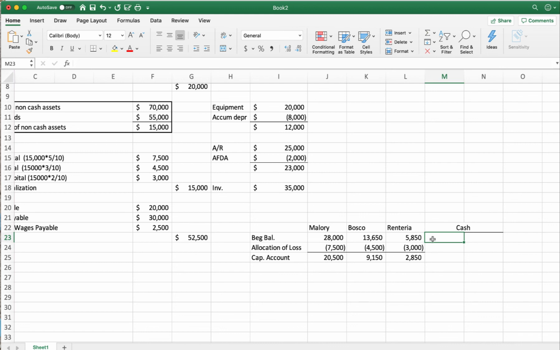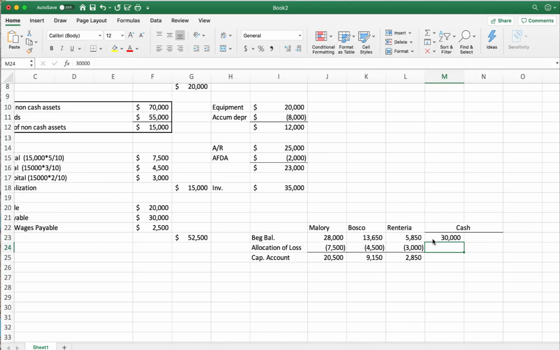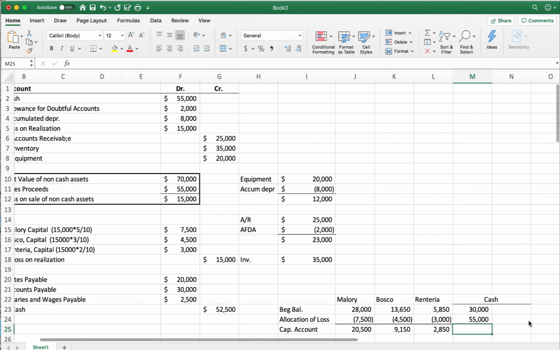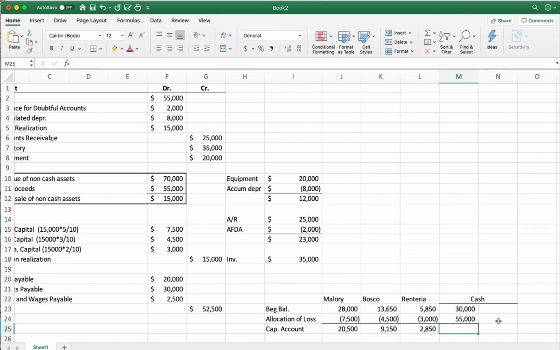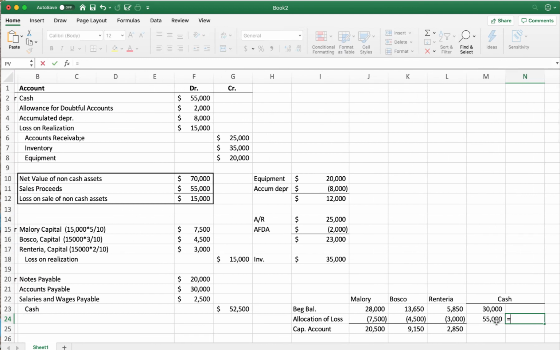So we got to make sure that the cash that's left is enough to pay the owners their investment into the partnership, right? So we started off with, and bear with me here, $30,000. Okay, we added $55,000, right, from the cash proceeds that we received. And we subtracted, or we credited, $52,500, right? Okay, so what then is our balance of cash?